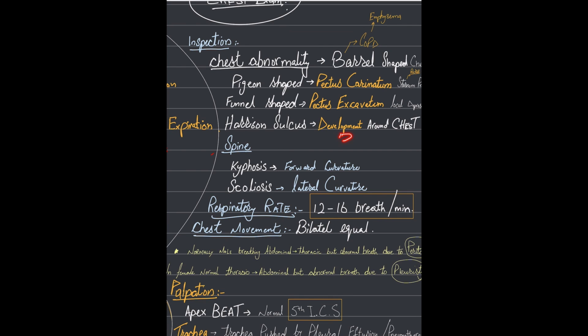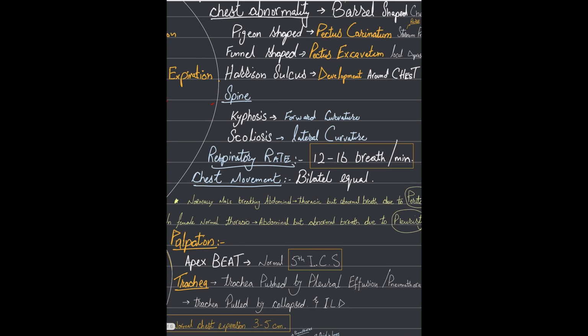Kyphosis is when the patient is bent forward like that. And scoliosis, this is a really common problem of the spine. The patient's backbone is curved like that. I'm not good at drawing, so just go with it.